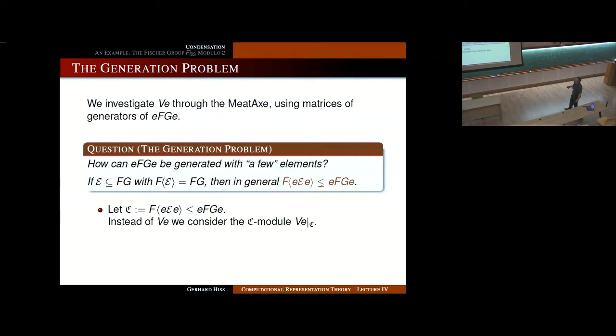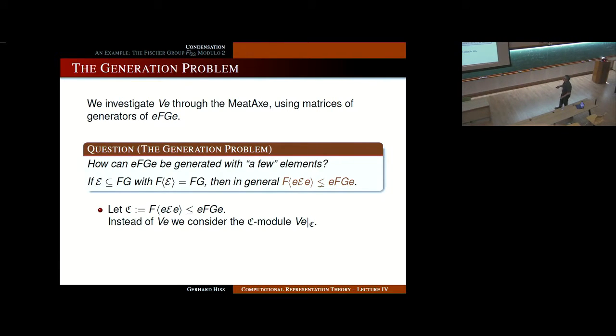So we take a generating set of the algebra and we condense the modules. So in principle, we only work with a subalgebra C of the condensation algebra. We work with a couple of matrices of the form EgE, where g runs through certain elements of the group.